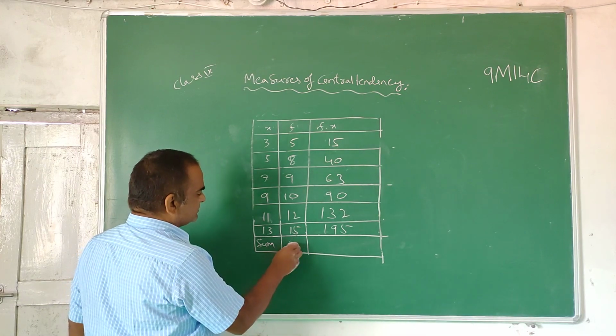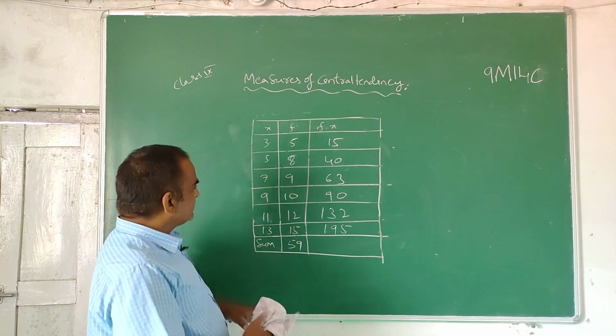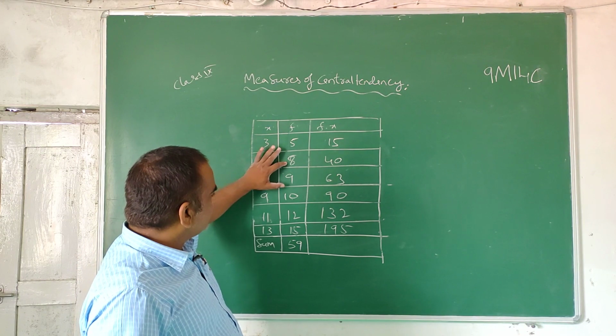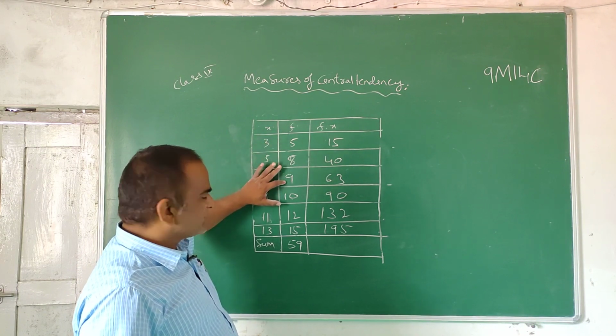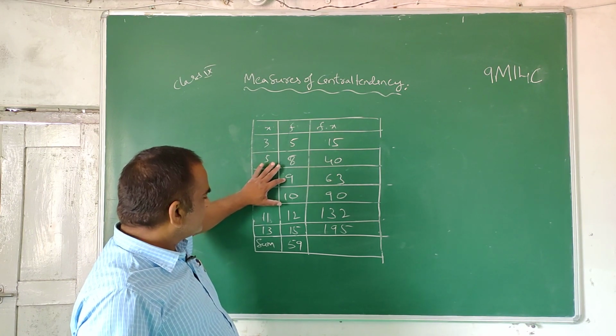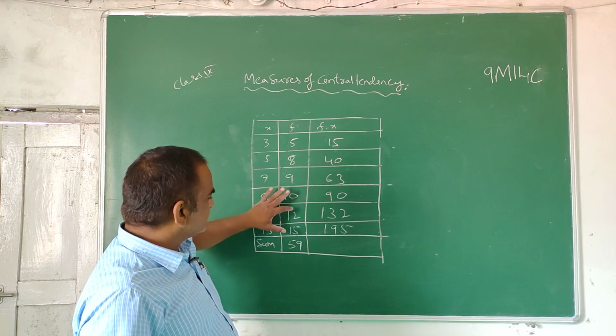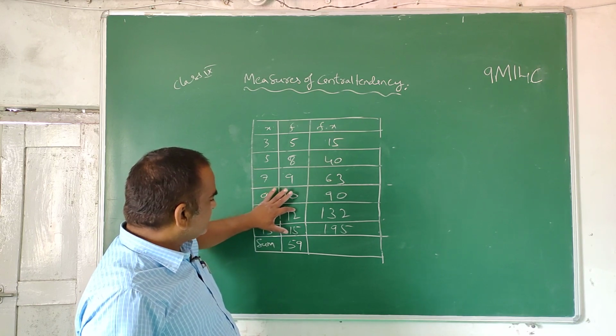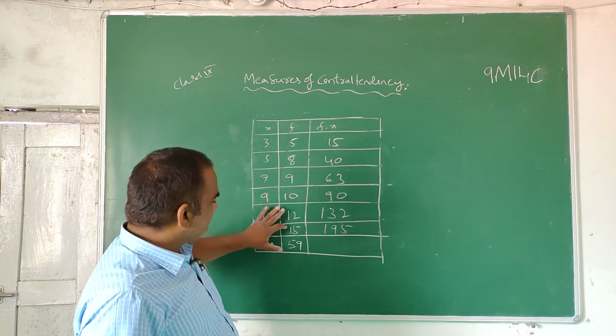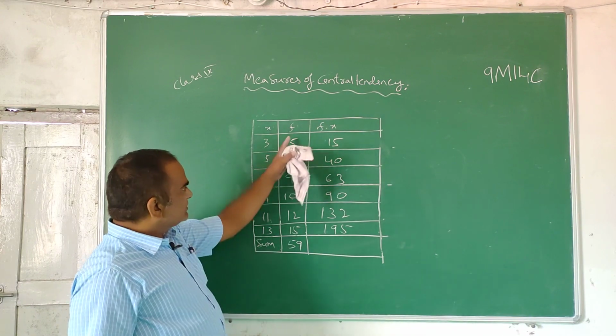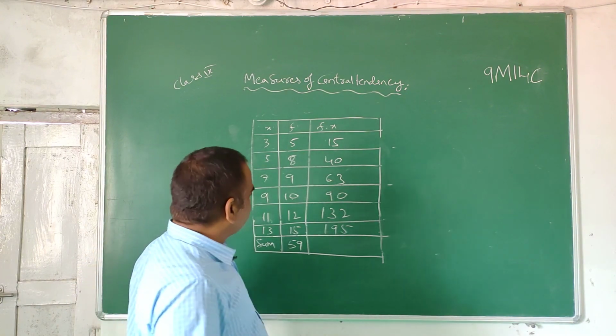So this sum is 59. Once again, let us see. 5 plus 8, 13. 13 plus 9, 22. 22 plus 10, 32. 32 plus 12, 44. 44 plus 15, 59. Correct. So the sum of the frequencies is 59.